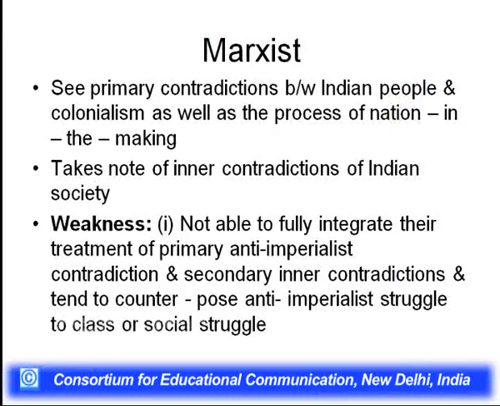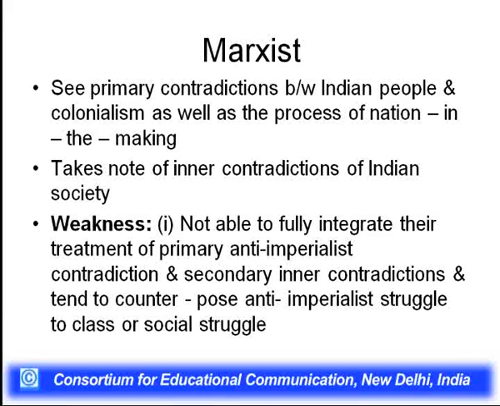On the other hand, another school is the Marxist school. The Marxist school studies the contradictions between the Indian people and colonialism, and sees India becoming a nation. India as a nation in the making was also realized by them.